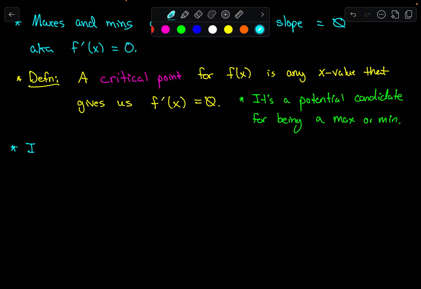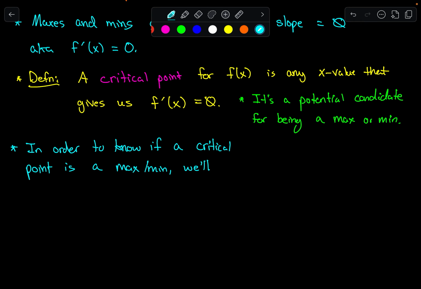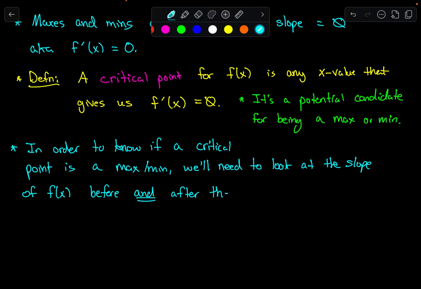So I'm going to add: in order to know if a critical point is a max or min, we'll need to look at the slope of f of x before and after the critical point.